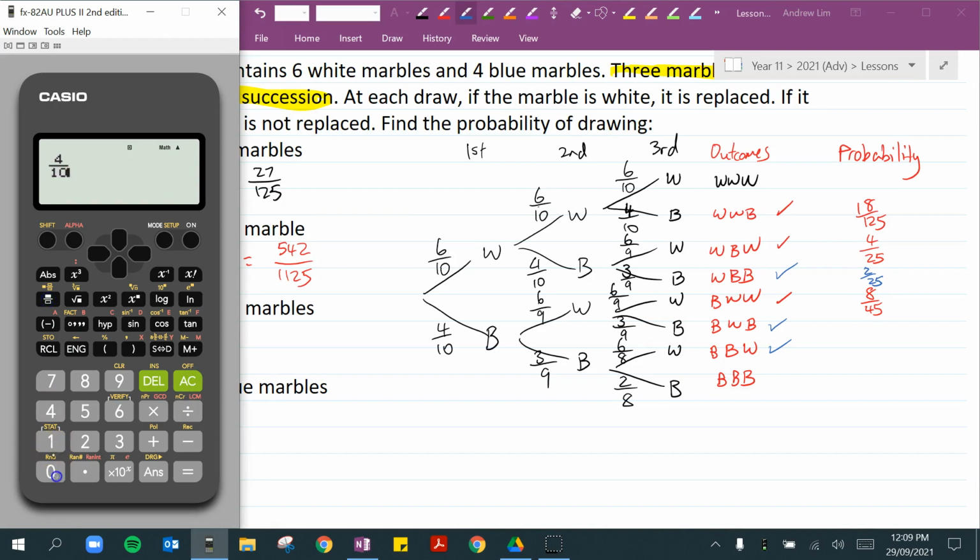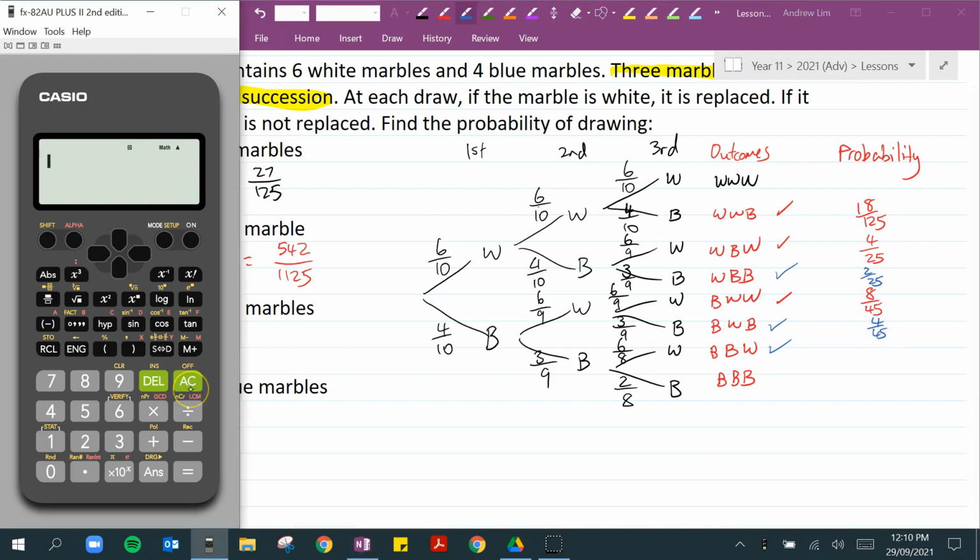4 out of 10 times 6 out of 9 times 3 out of 9. 4 out of 45.